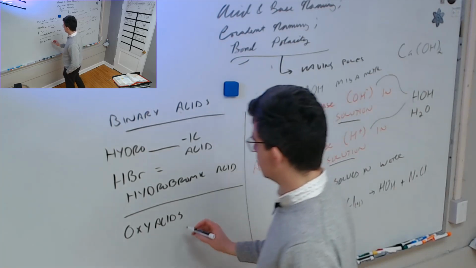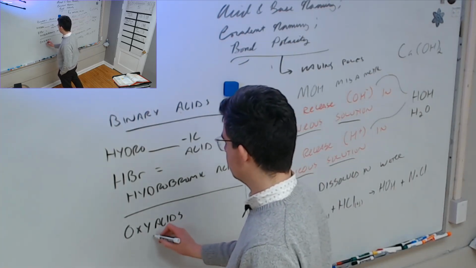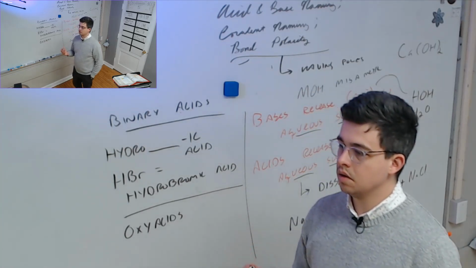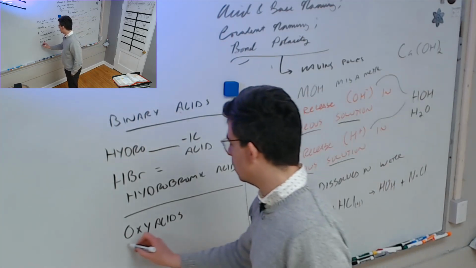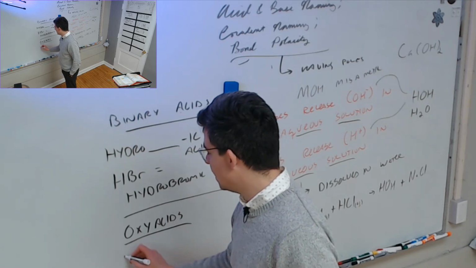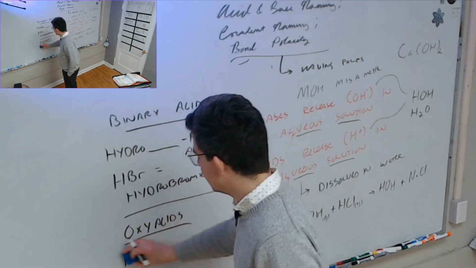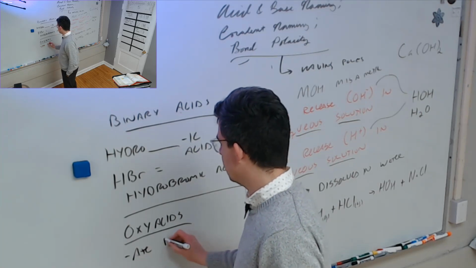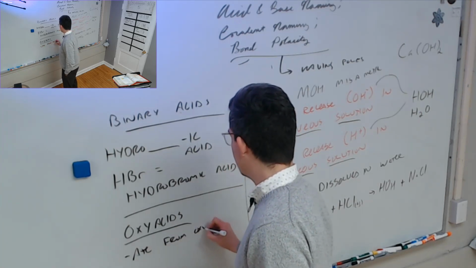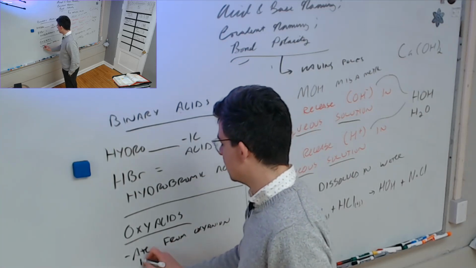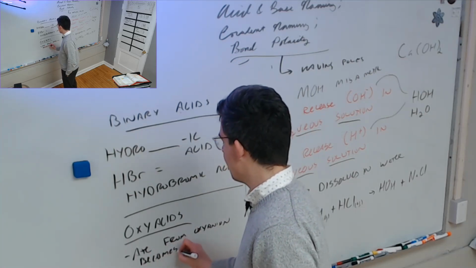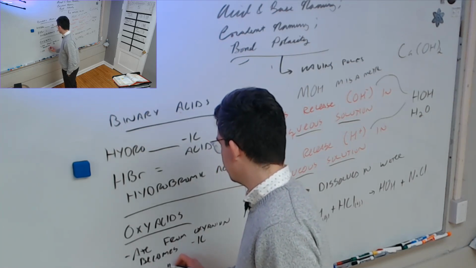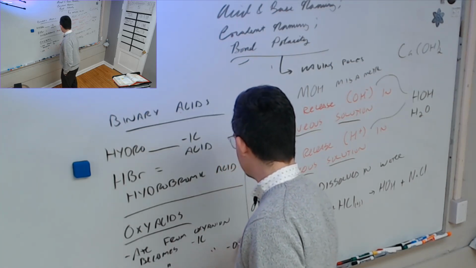Oxyacids are always from oxyanions. In oxyacids, we change the ending of the oxyanion. The ate from the oxyanion becomes ic, and an ite from the oxyanion becomes ous.